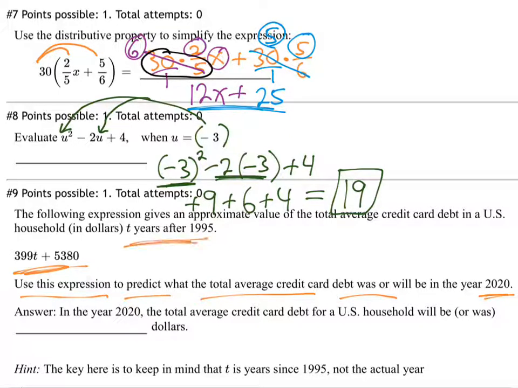T is years after 1995. In other words, if T equals 1, what is the year? 1996, because that's 1 year after 95. What if T is 2? What's the year? 1997, because that's 2 years after 95.